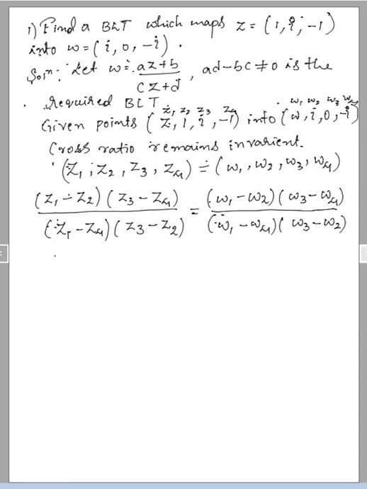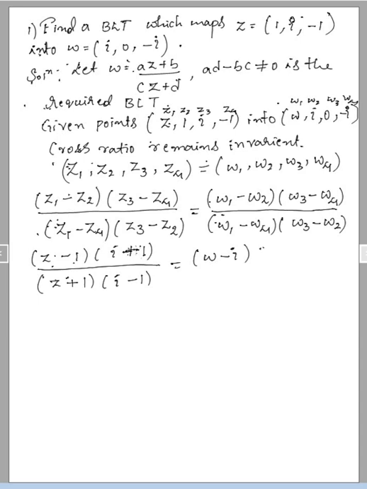Substituting these values, I get Z minus 1 into I minus of minus 1, that is I plus 1, whole divided by Z minus of minus 1 into I minus 1, which is equal to W minus I times 0 minus of minus I, that is 0 plus I, this whole divided by W minus of minus I into 0 minus I. This is the expression after substitution.